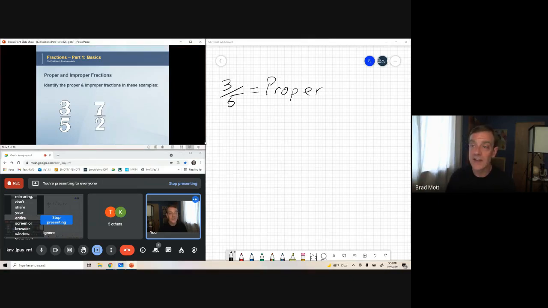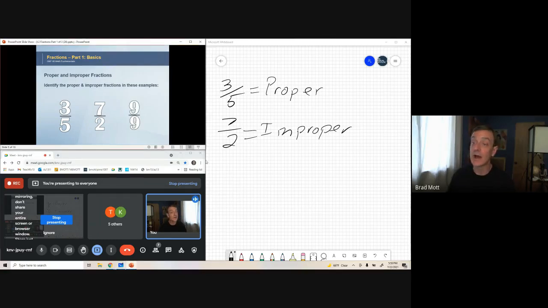So 7/2, on the other hand, would be an example of an improper fraction because the numerator is larger than the denominator. And you will get some number that is greater than 1 if you divide the numerator by the denominator. If you divide 7 by 2, you get 3.5, which is obviously larger than 1.